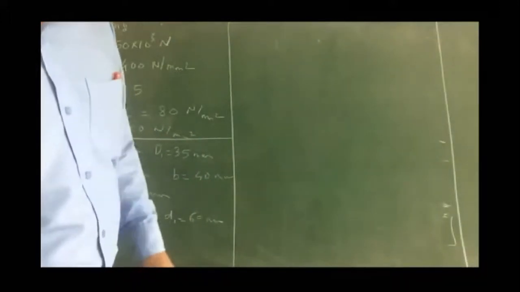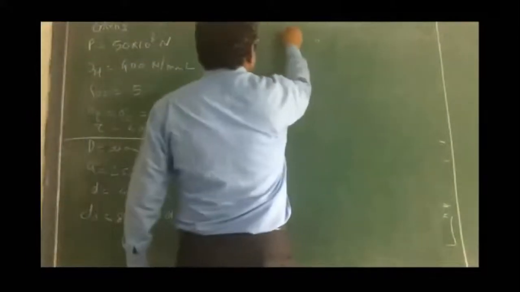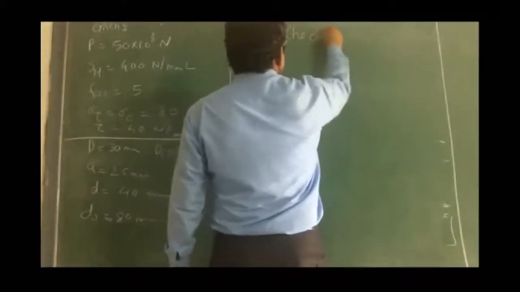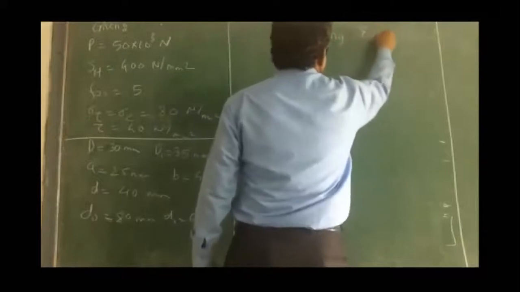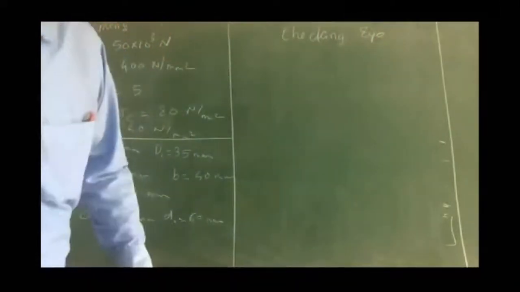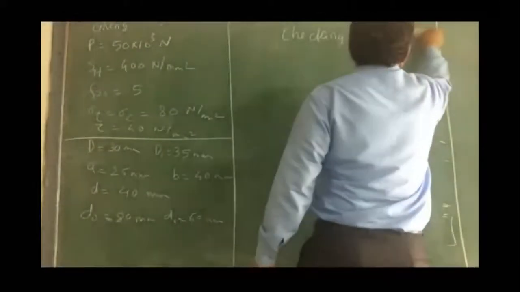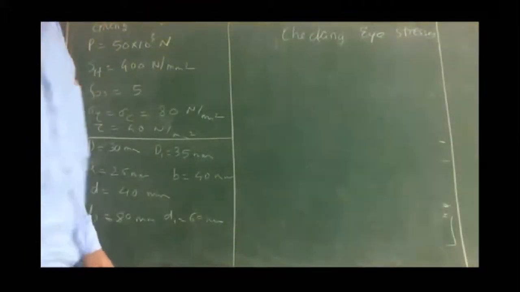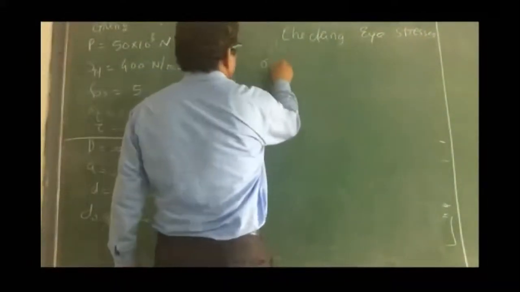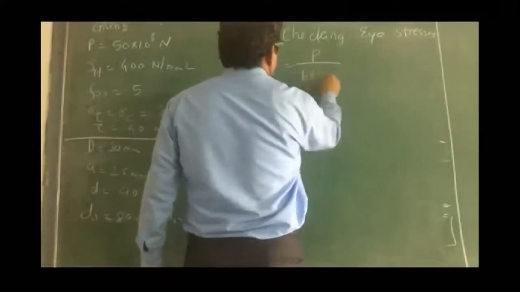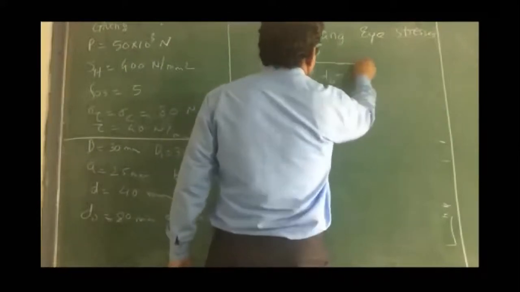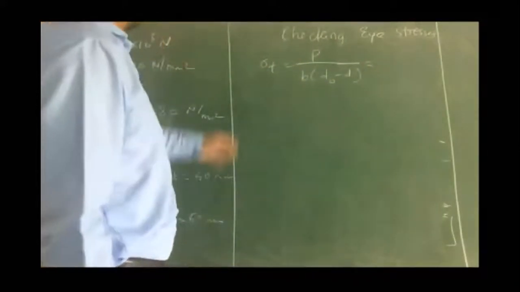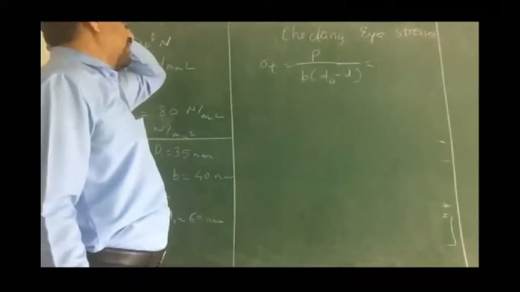So let's first check for the eye. Now, eye stresses. First is the tensile stress, sigma T equals P upon B into (D0 minus D). If you remember the formula, this is the stress in the eye failure.